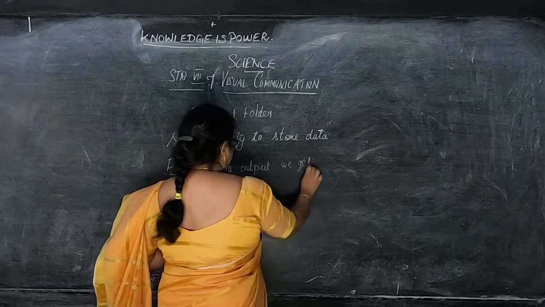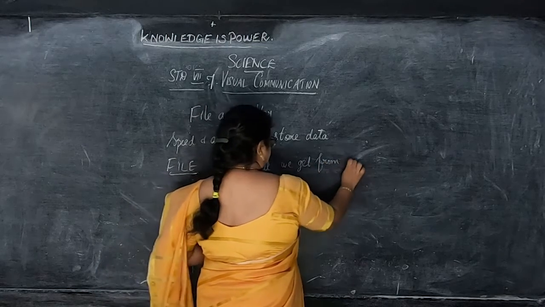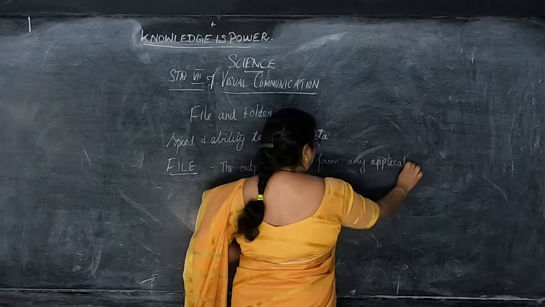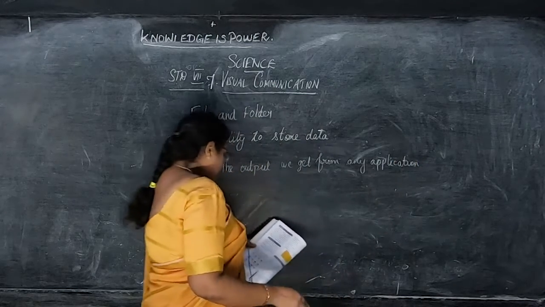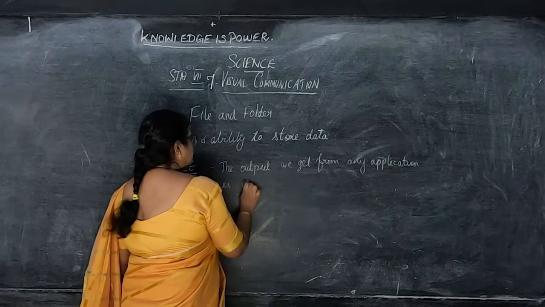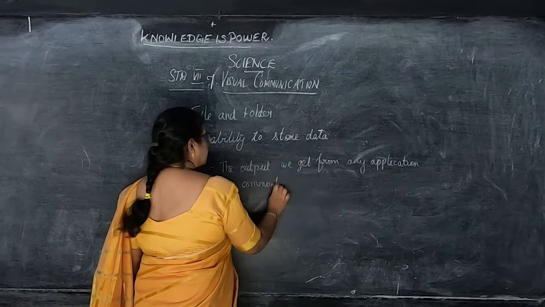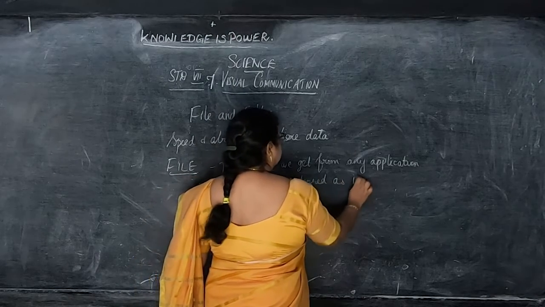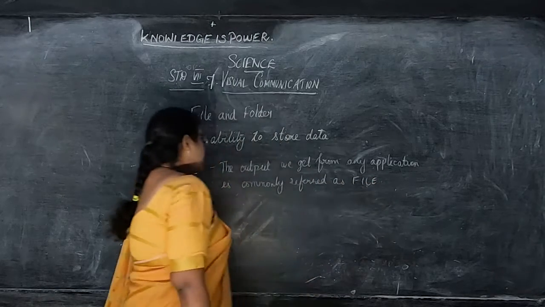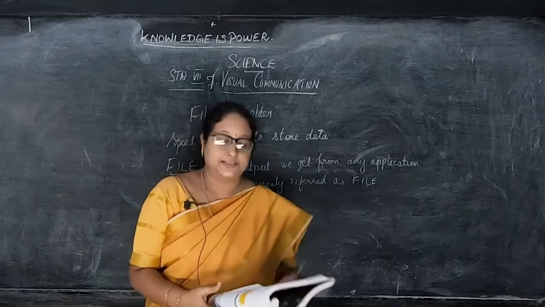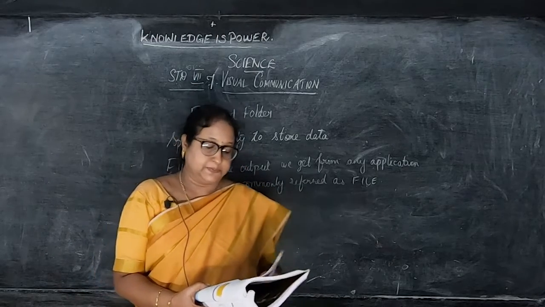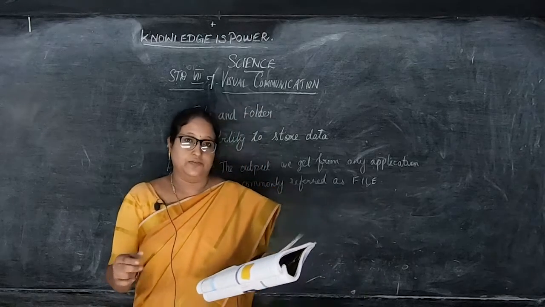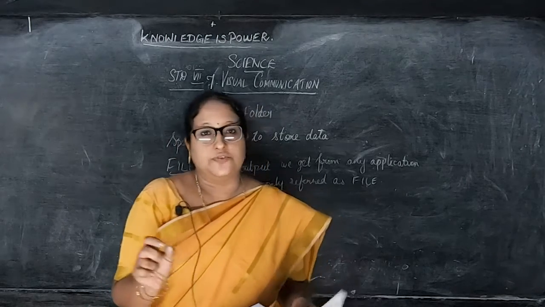The output we get from any application is commonly referred as file. Now, therefore, the application for the specific purpose, that is for one purpose, determines the nature of the file. That is, the application for any purpose determines the nature of the file.